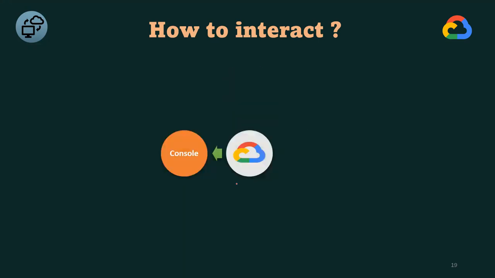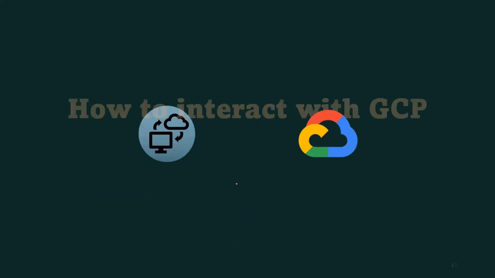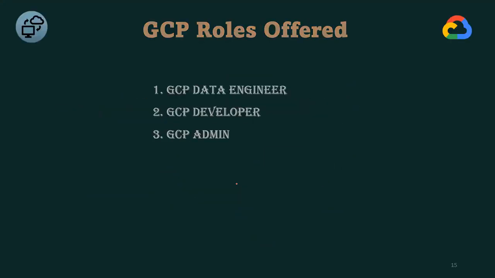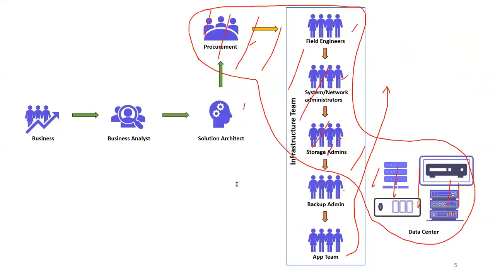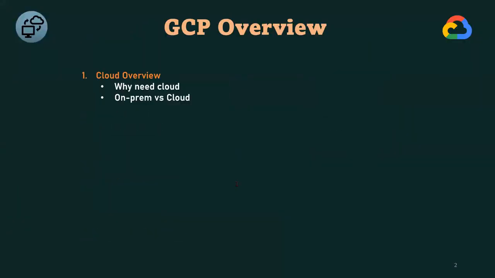Now I want to stop the session here for today. I just wanted to give you an overview of what and why we need the cloud. So which topics did we start today? We started with why we need the cloud, and we have seen on-premises versus cloud platforms.